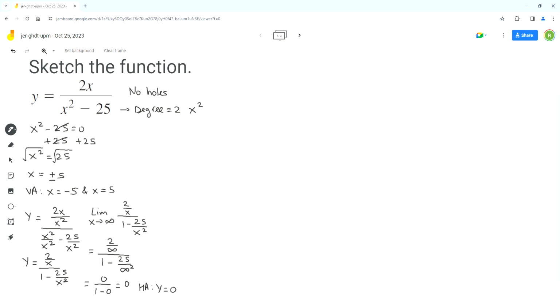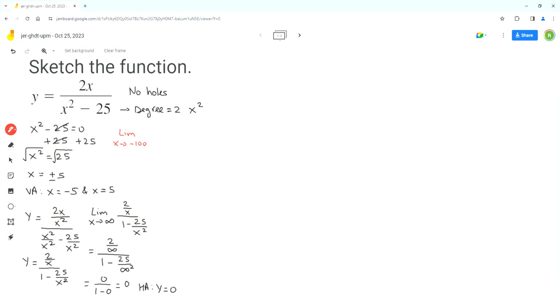Now we can find the direction from which the curve approaches this horizontal asymptote on the left and right side of the x-axis. For that, we can evaluate the limit as x approaches a big positive number and a big negative number. So we can start with the left side. So we get the limit as x approaches negative 100.